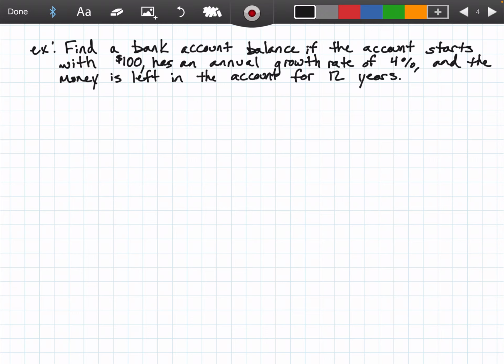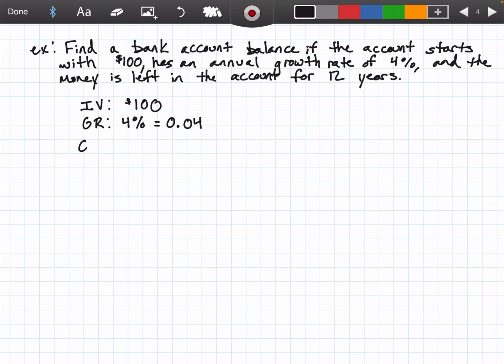Okay, in this question, we're just piecing together what we know. So like between initial value, growth rate, growth factor, all that jazz. So my initial value, what we started with, is $100. We know that the growth rate is 4%, which as a decimal is 0.04.